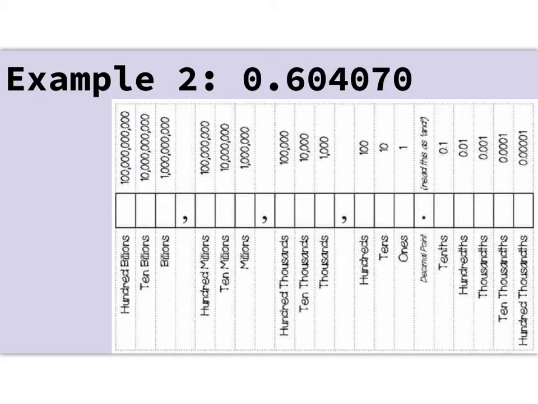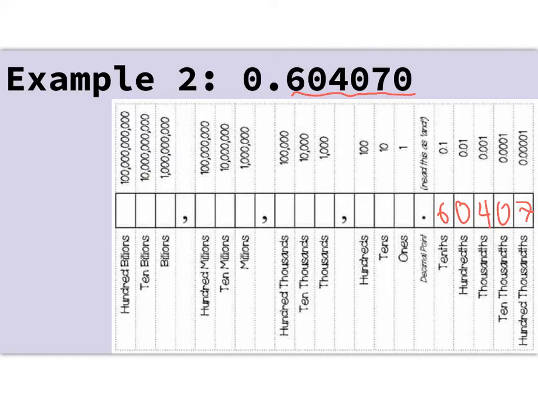Now, looking at the number we have, we're going to write it in, and then we're going to say it. So 60407. There's a 0 in the last place value. A 0 is a number, but it has no value, so there's no reason to write it as we say the number. So how do we read this number?